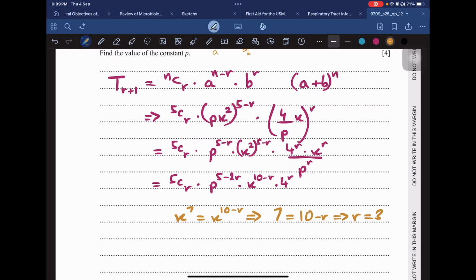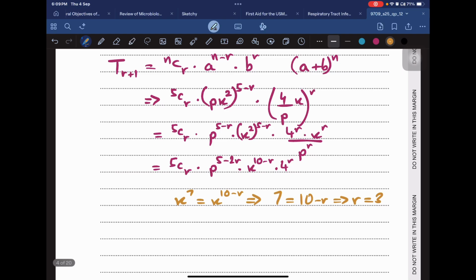And remember, as I mentioned, when r is 3, the term will be the fourth term. So what I'm looking for is the fourth term. So I'm looking for T4, and this is when r equals 3. So basically what I'll just do now is I'll take this expansion and I'll input 3 in place of r over here.